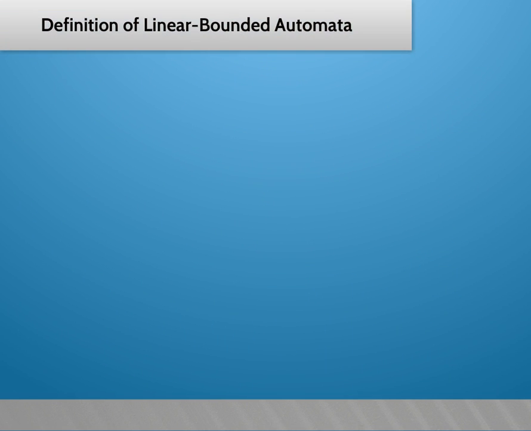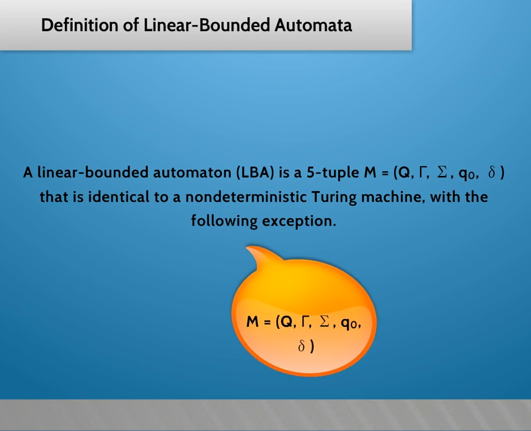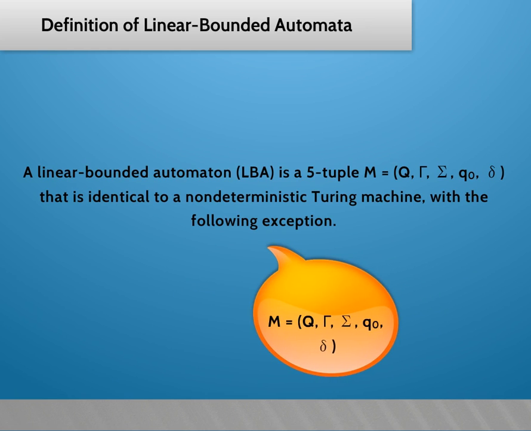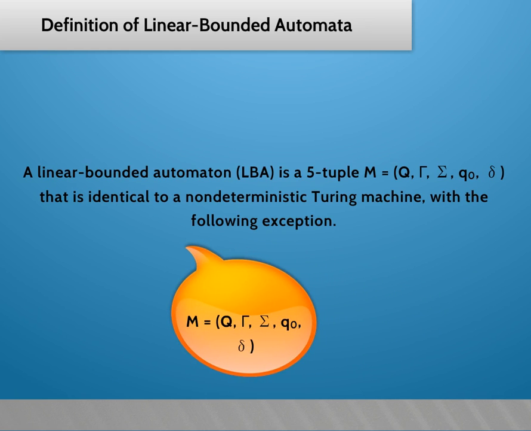Definition of linear bounded automata. A linear bounded automaton, that is LBA, is a 5-tuple M = (Q, Σ, Γ, q0, δ), that is identical to a nondeterministic Turing machine with the following exception.